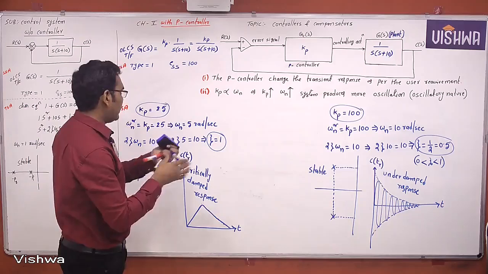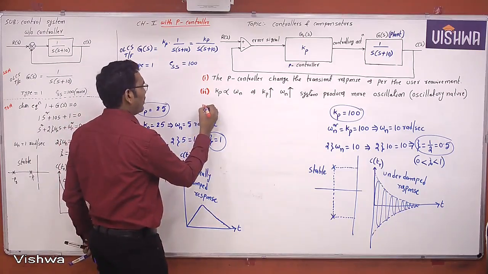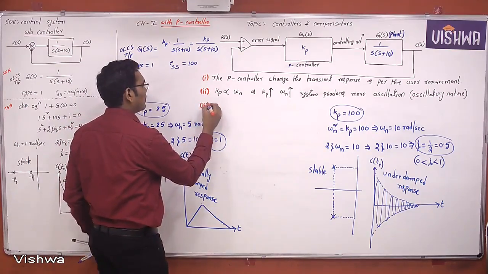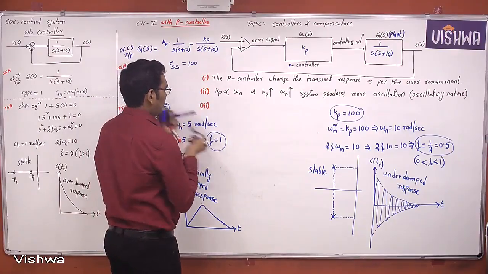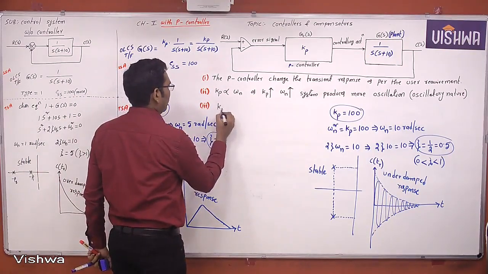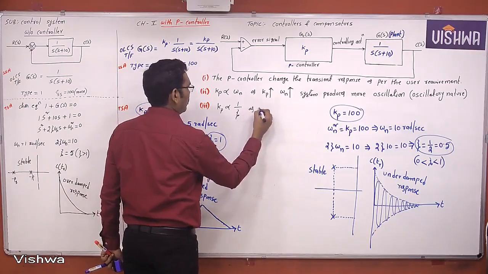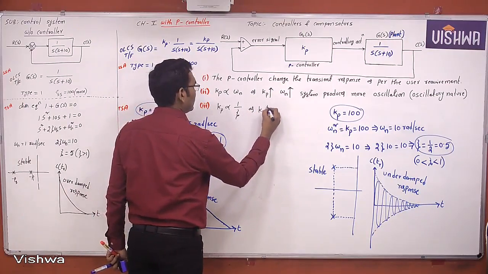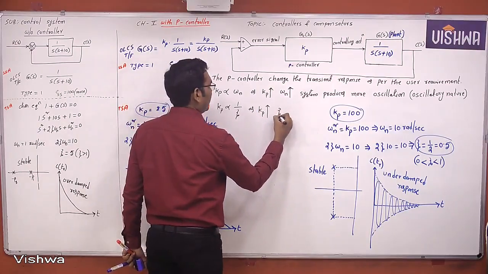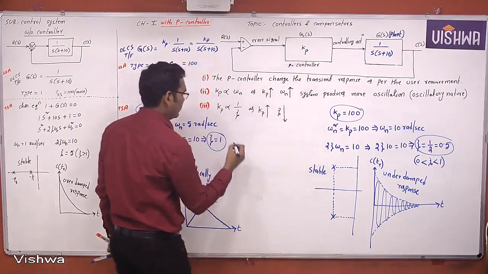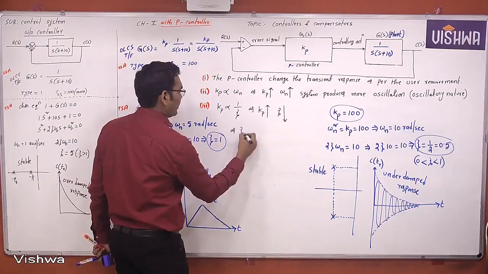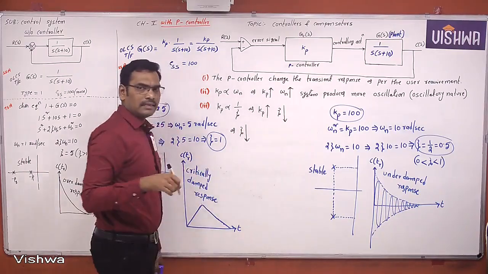Am I right or not? So now the third point what I want to say is, kp is inversely proportional to damping factor. So as kp increases, damping factor decreases.